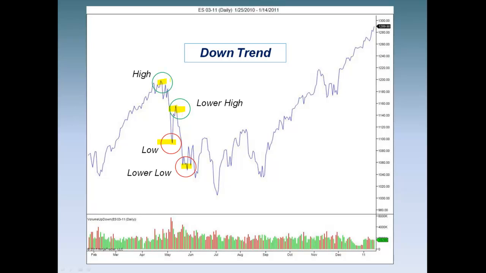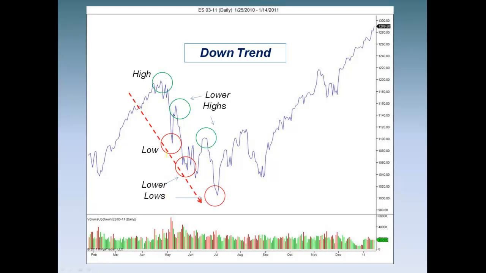Lower lows, lower highs. Naturally, this is the textbook definition of a downtrend. So notice how lower lows and lower highs. Now, what's interesting is take a look at when the trend is broken or when the trend changes.